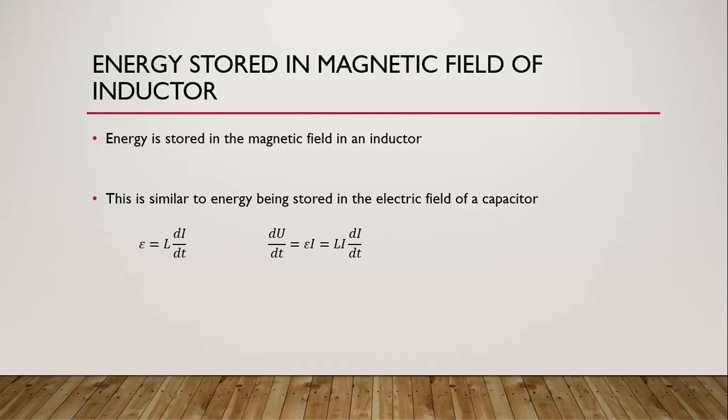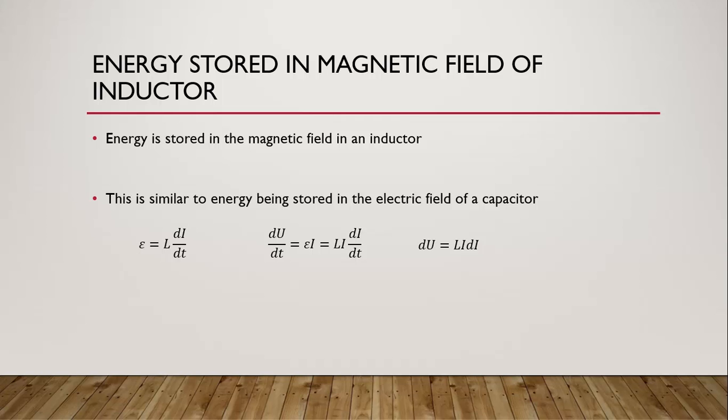Now if we say dU/dt, well, remember that VI equals power, and power is really dU/dt, the change in potential energy. So we could call it L I dI/dt.